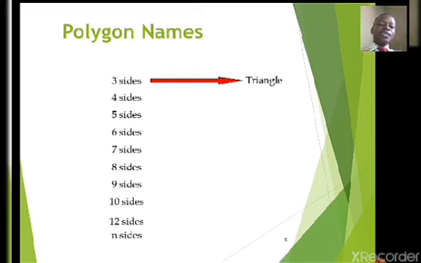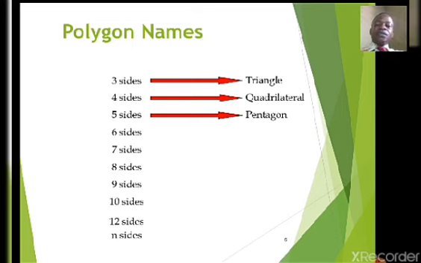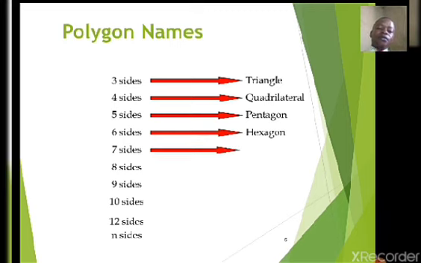For four sides, the name given is quadrilateral. For the five side polygon, we have pentagon. For the six side polygon, we have hexagon. Then for the seven side polygon, we have heptagon.